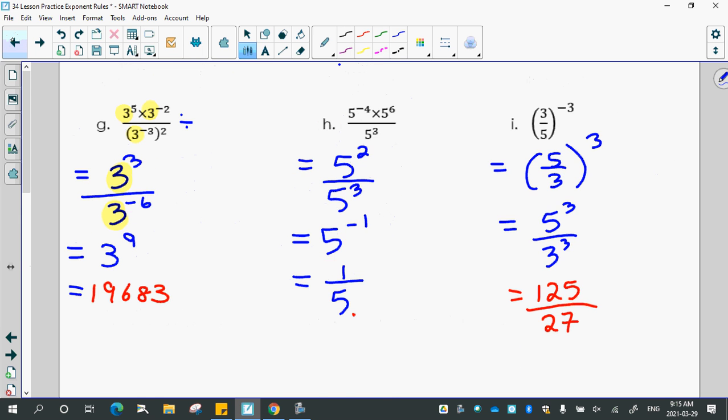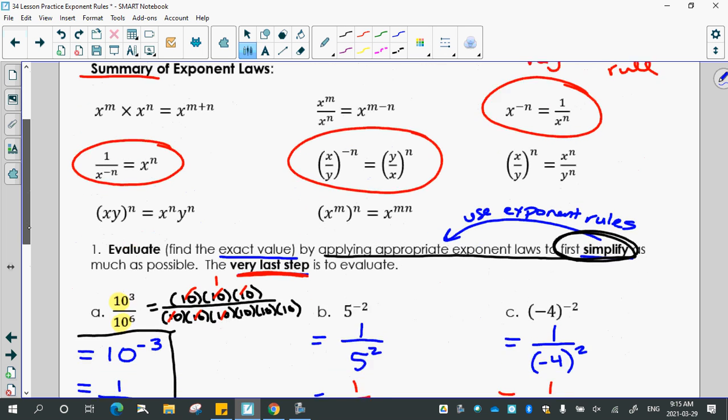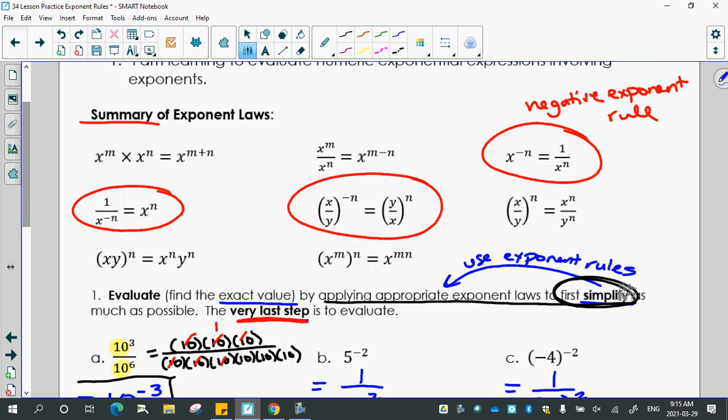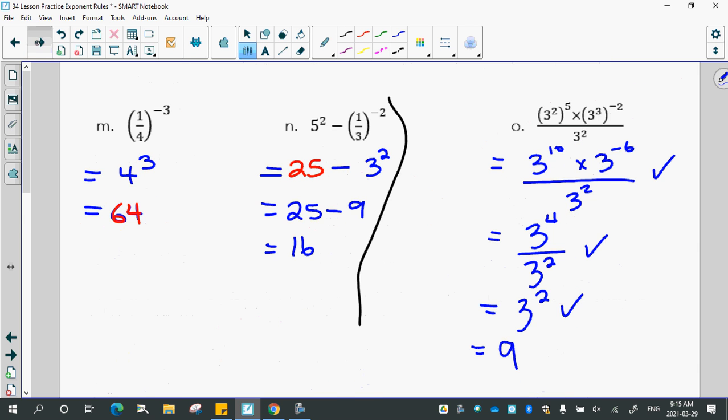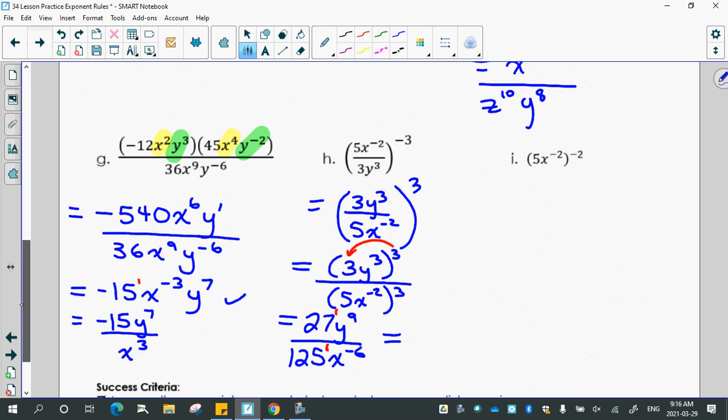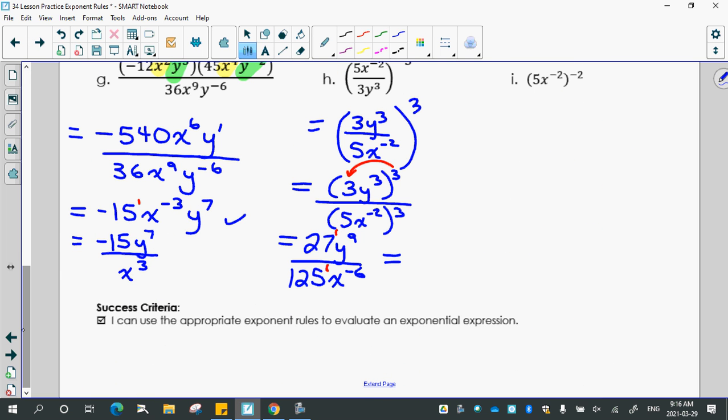Way back at the beginning, if you have a negative exponent in the denominator, if you move it up to the numerator, the exponent becomes positive. So we can apply that here. So I can write this as 27x to the 6, y to the 9 over 125. So I just moved this up to the numerator so the exponent can become positive using that rule.